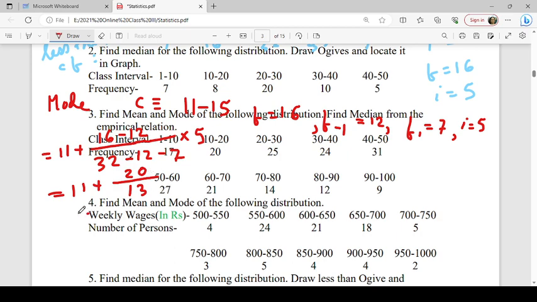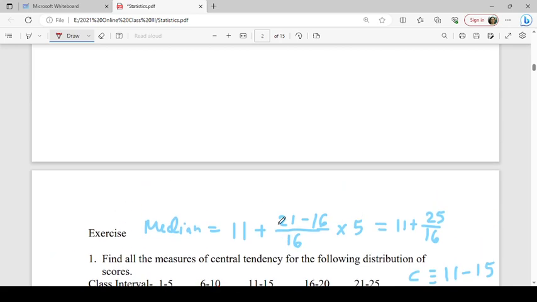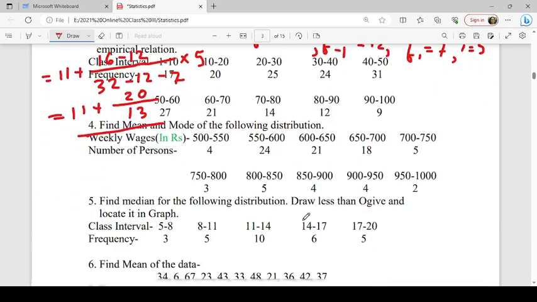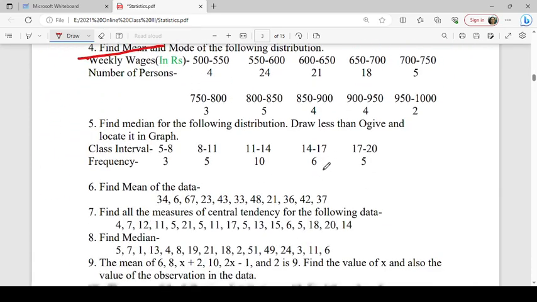So this is the mode. So these are all the measures of central tendency for this problem. Mean is 511 by 42, median is 11 plus, you simplify the value, and mode is this. Other things you do like this, with the same procedure.